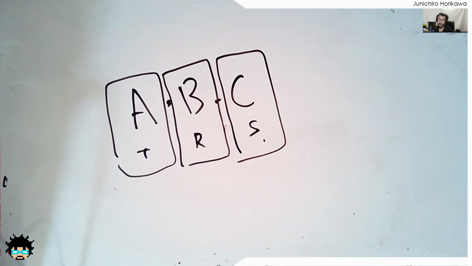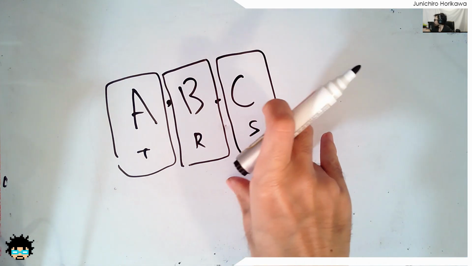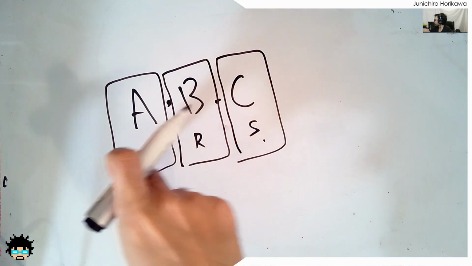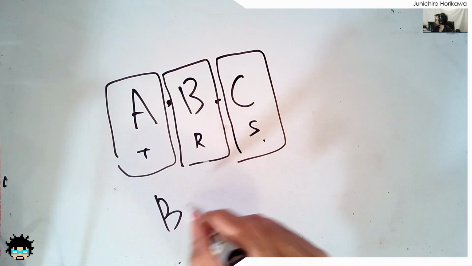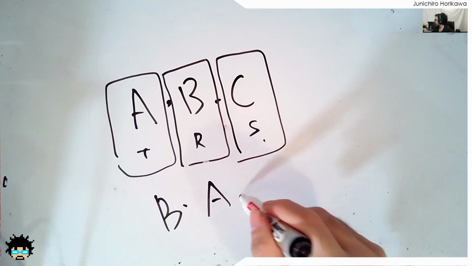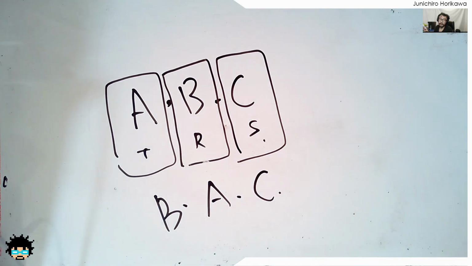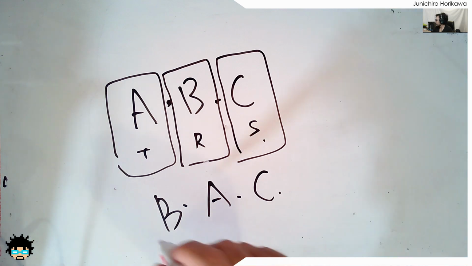So that's what it means for the multiplication of matrices, and it also means that by changing the order of this multiplication, let's say like B, A, C, you get a different kind of result.